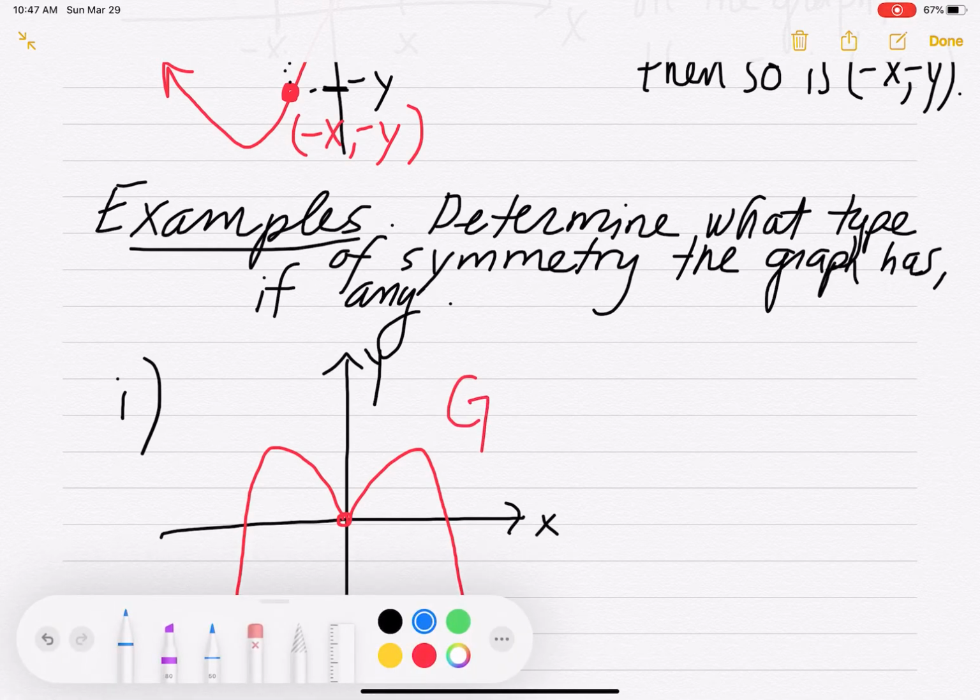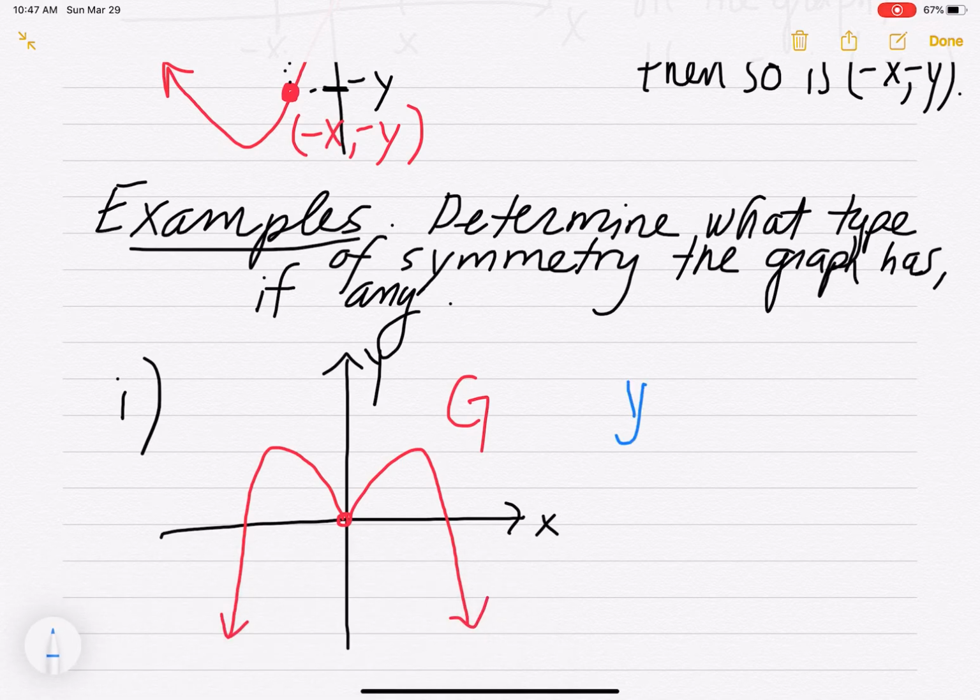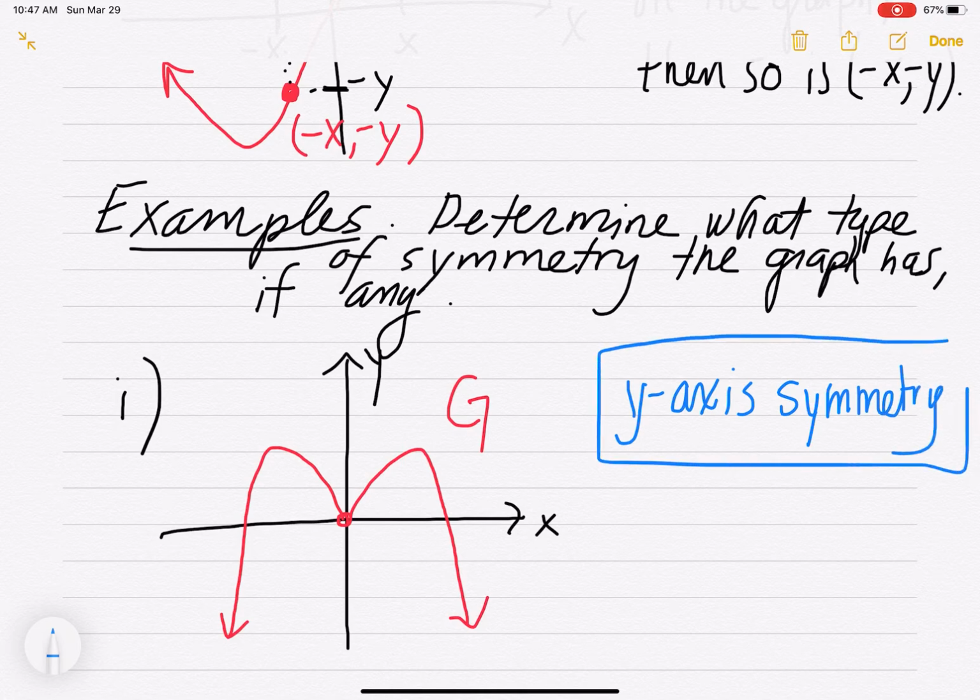The answer is yes. G has a y-axis symmetry. Right, if I pick a point over here, let's call that point xy, there's one on the opposite side of the y-axis, right? So it would be negative x comma y.